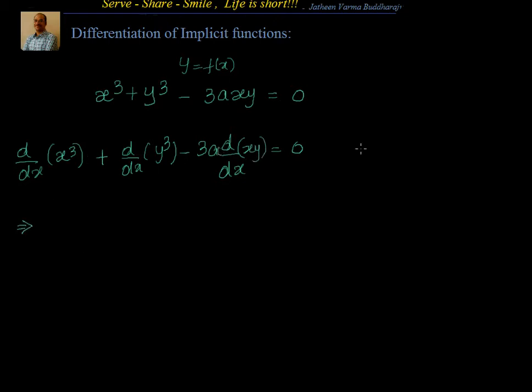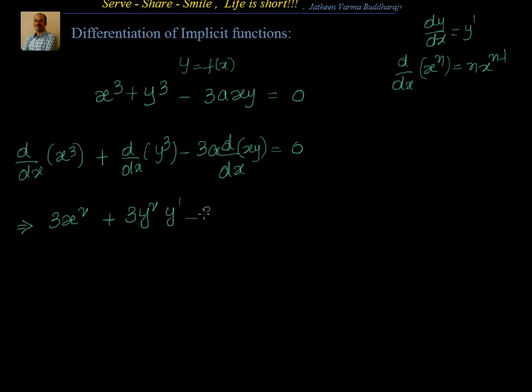For d by dx of x cube, I'll use the power rule, which tells me d by dx of x to the power of n is equal to n x to the power of n minus 1. So I can write it as 3x square plus d by dx of y cube. If you remember our discussion, we will have 3y square, and not only that, we will have dy by dx, which is y dash for simplicity.